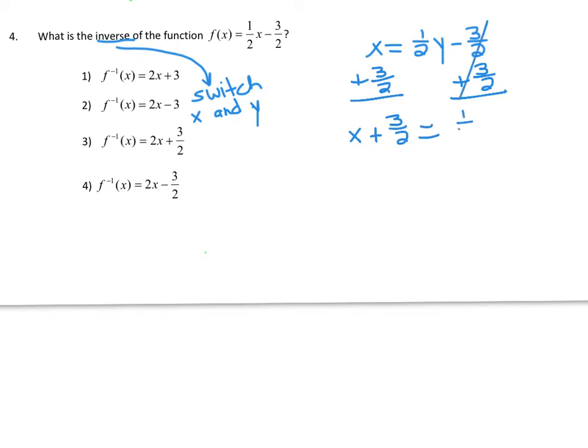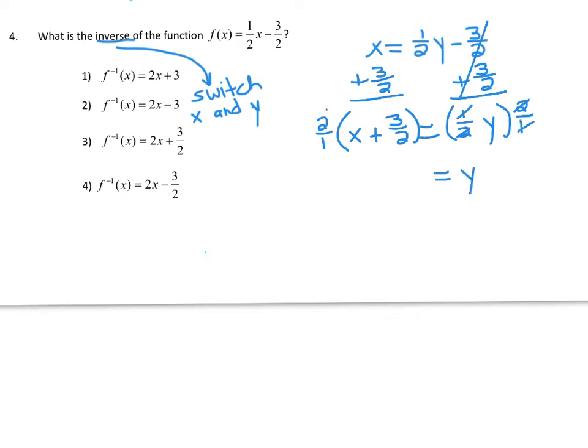And then to get rid of a fraction in front of a variable, just multiply both sides of the equation by the reciprocal. So if I want to get rid of the 1/2 in front of the y, I'm going to multiply both sides of the equation by the reciprocal of 1/2, which is 2/1. Okay, or if you just want to write 2, it's the same thing. So basically, this 2 on top cancels with the 2 on bottom, same thing with the 1s, and it leaves us with just y.